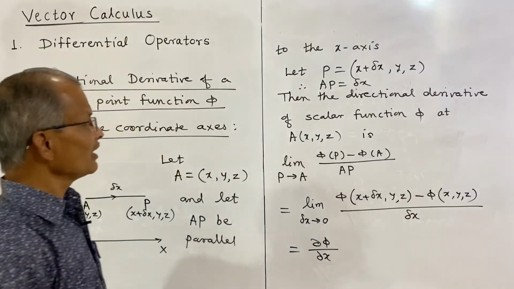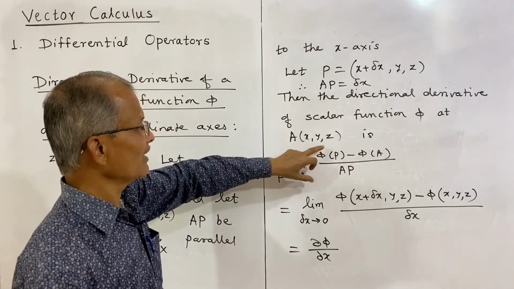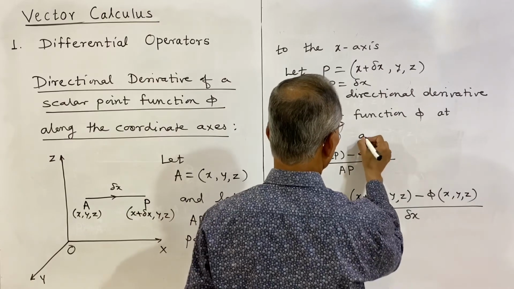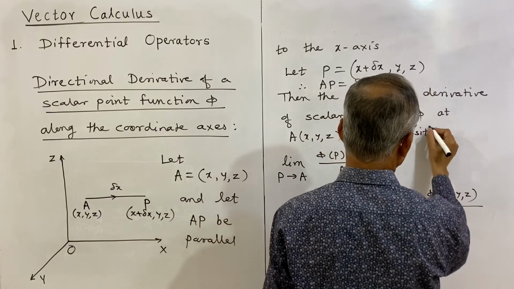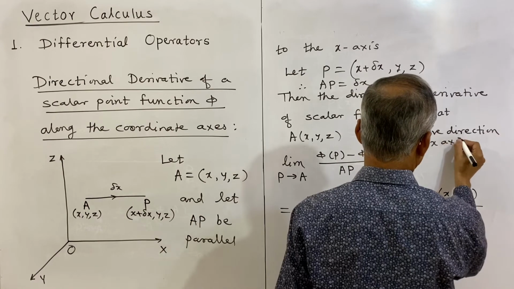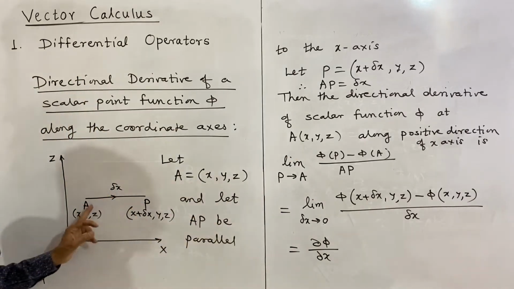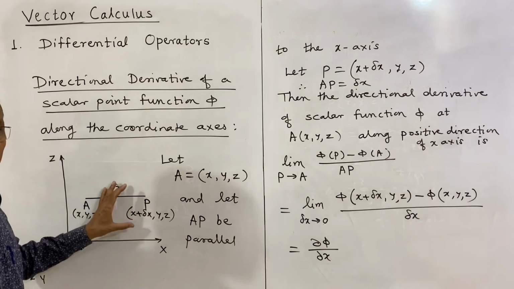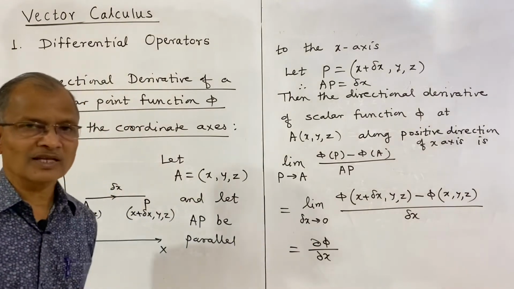So the directional derivative of phi at A, x, y, z, along the positive direction of the x axis is the limit as P tends to A. We have considered the positive direction along the x axis, the direction parallel to the x axis, the same direction as positive x axis, and therefore it is the limit as P tends to A of phi P minus phi A divided by AP, which we have expressed as dou phi by dou x.